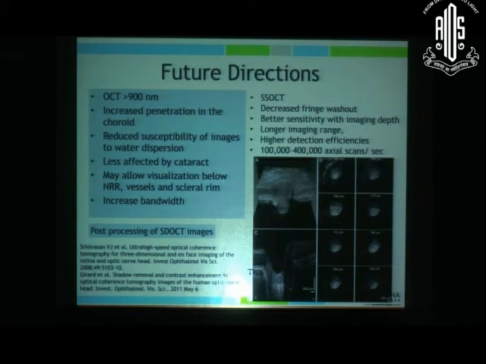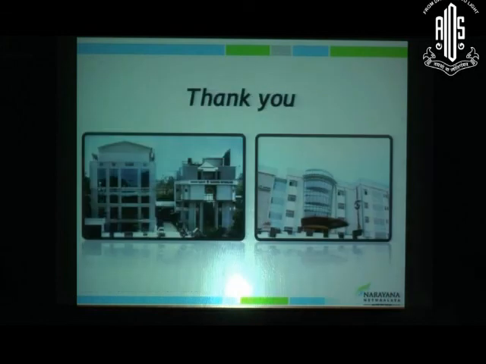And increasing the bandwidth. One of the things that we have a problem with is the bandwidth of the OCTs. If they can improve that, that will definitely allow us better resolution and better depth. Gora et al. have actually shown how they can take spectral domain OCT images and post-process them to get more resolution, just like you would do for a regular film. Thank you.